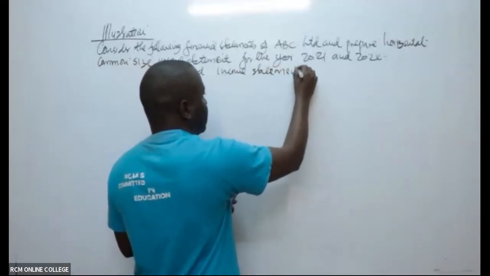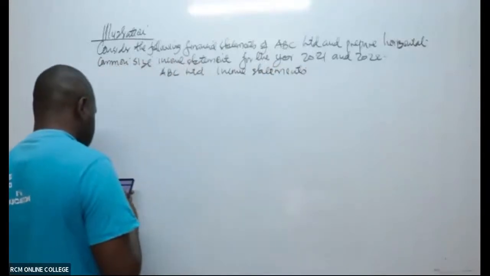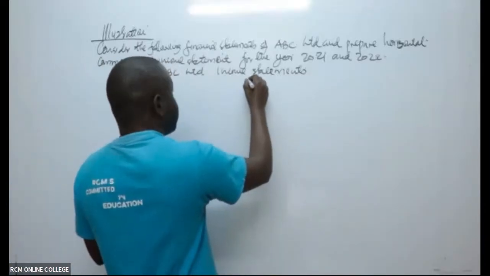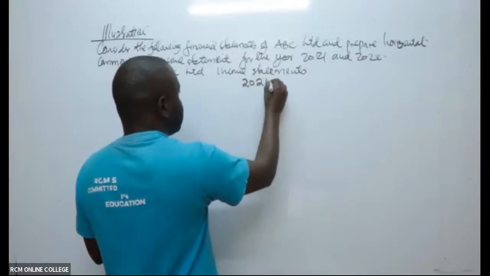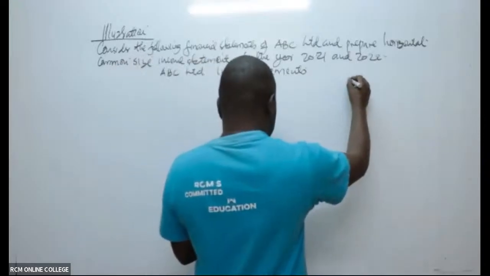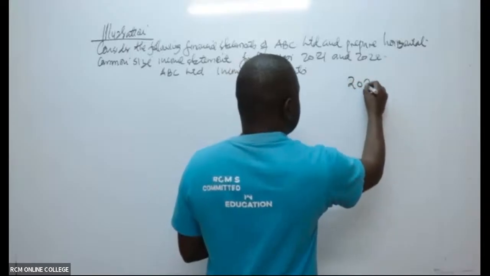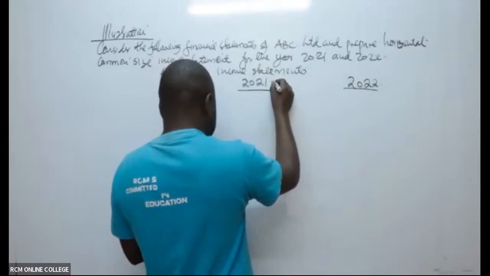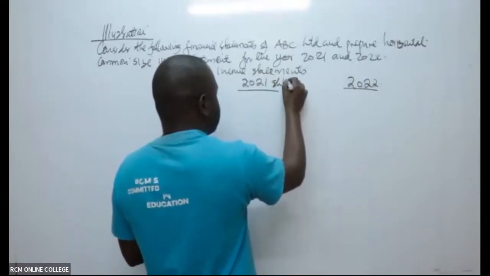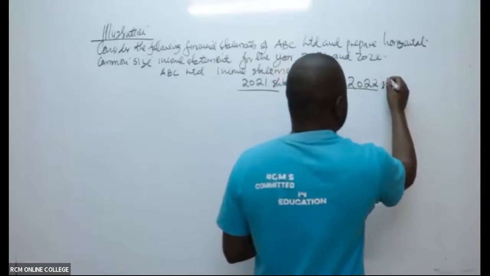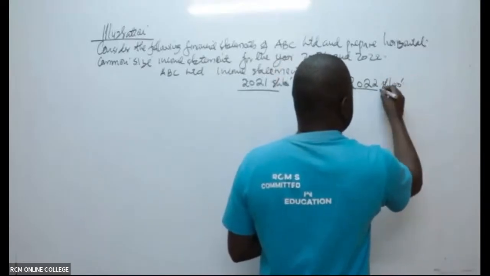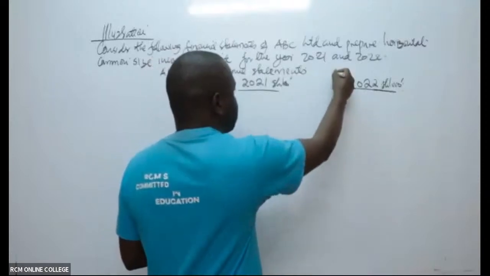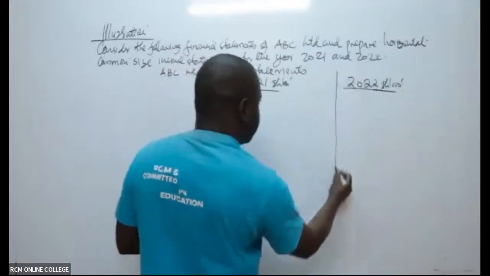You can have here the year 2021, then here the year 2022. Our shillings are in thousands.